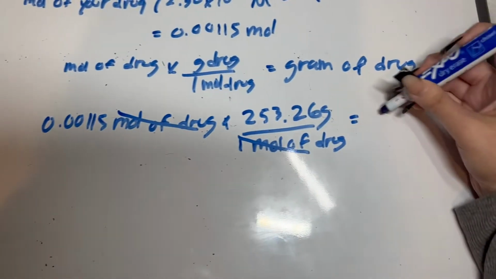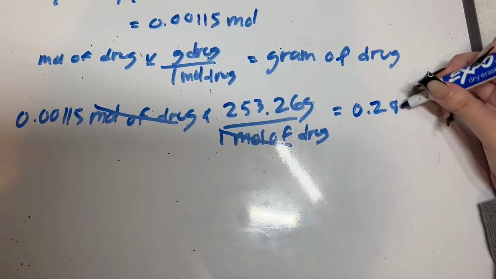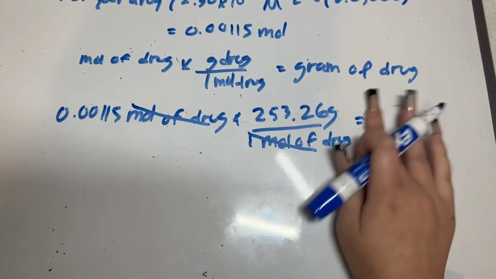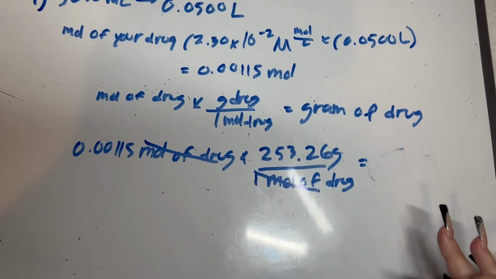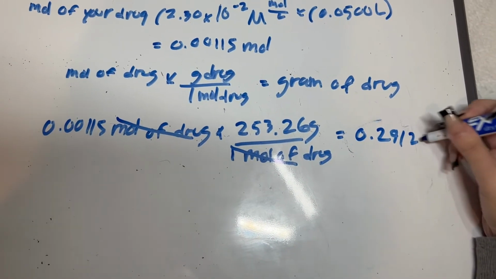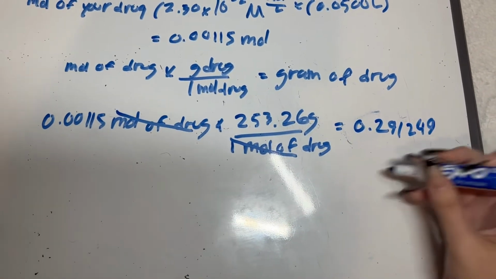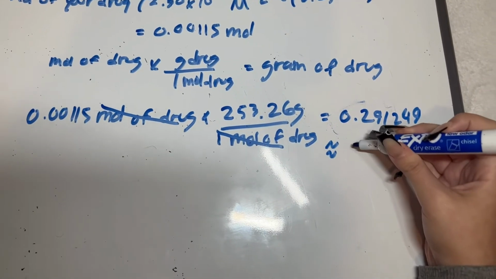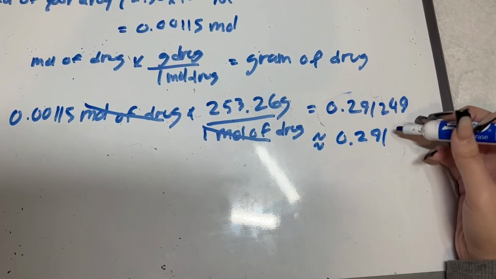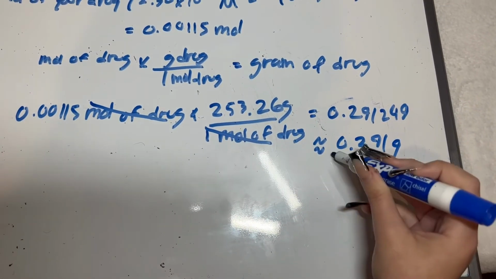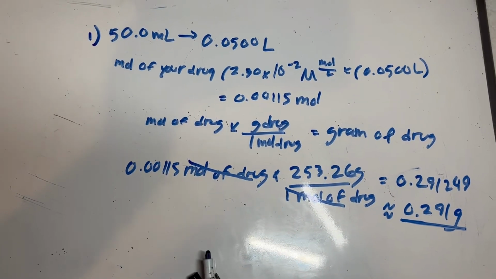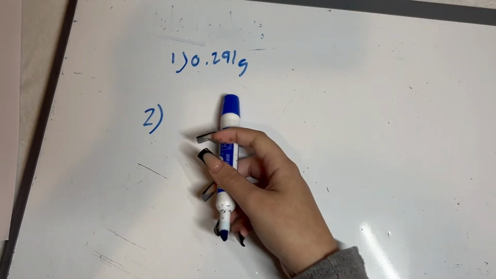So we solve it and we get 0.291249. And then when I round it, I get 0.291. And I'm gonna put grams right there. That should be the answer for the first part, number 1.